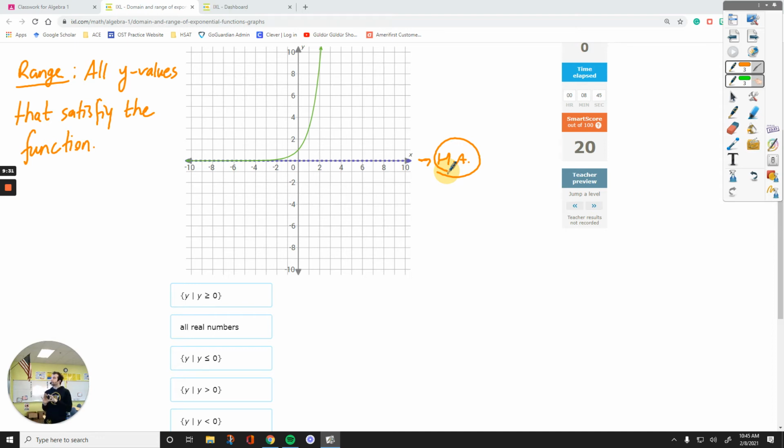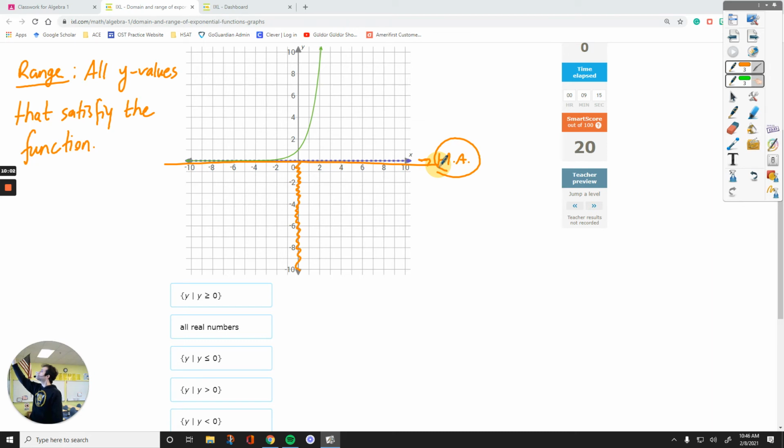So remember, if the graph cannot go any further down, then the range cannot be all real numbers because the range does not have any of these negative numbers because the graph stops at this level right here. It cannot go any further. So the range set is going to have all of the positive numbers above 0.